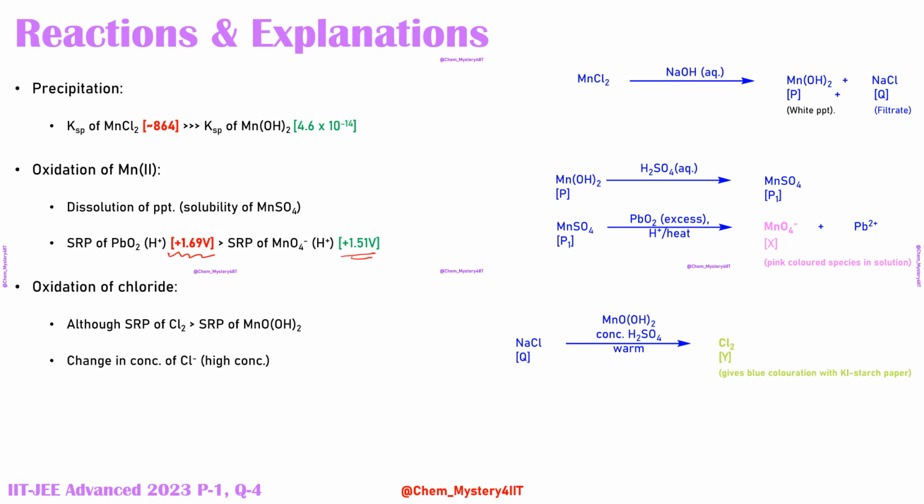So a change in concentration by a much greater magnitude can make this possible, but that may not possibly be the sole reason why chloride from HCl or from any particular source is being oxidized into chlorine. There has to be some other reason as well.